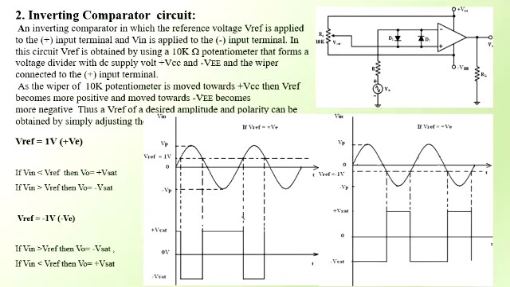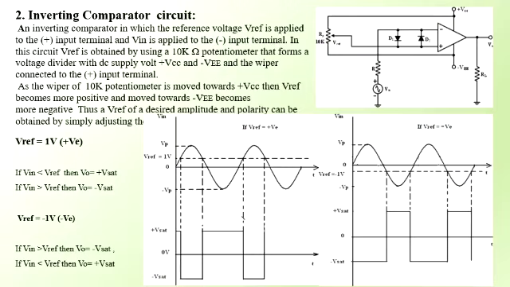In this circuit, the reference voltage V reference is obtained by a 10K potentiometer. The 10K potentiometer forms a voltage divider with the DC supply between plus VCC and minus VCC, and the wiper of the potentiometer is connected to the positive input terminal of the op-amp, meaning the non-inverting terminal.